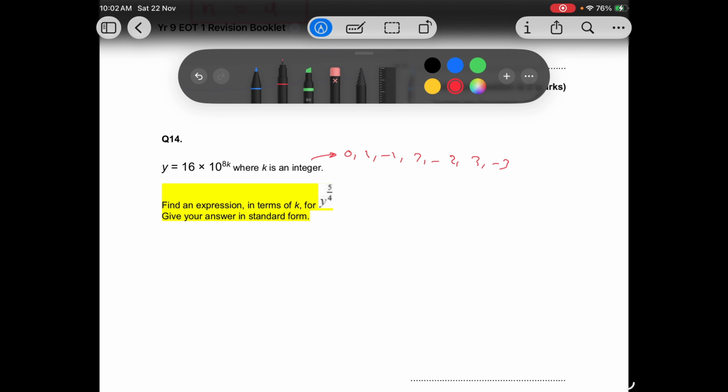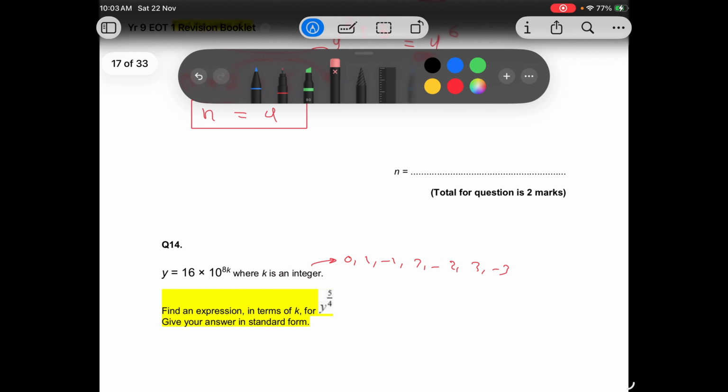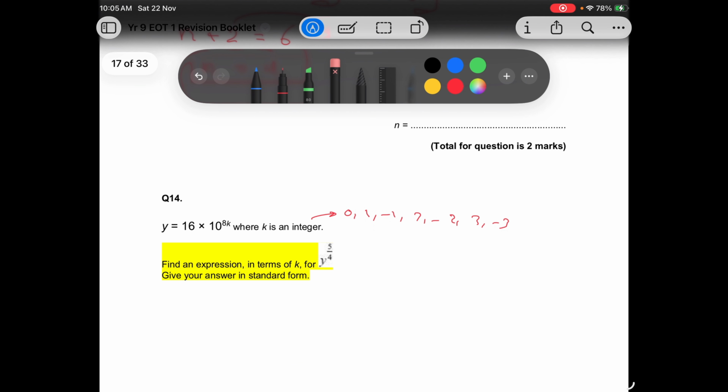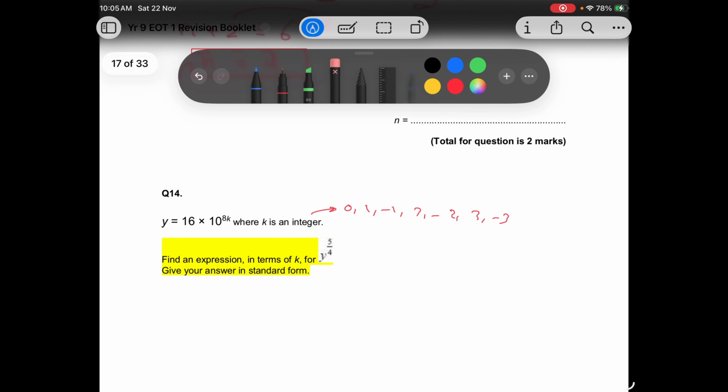Give your answer in simplest form. Find an expression in terms of k for y to the power of 5 over 4.